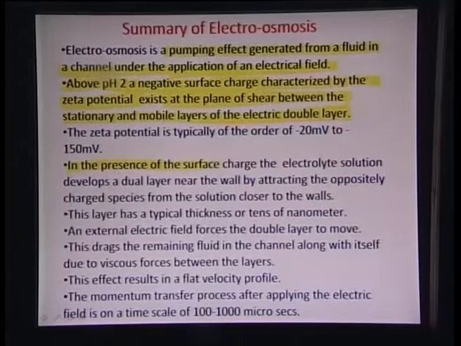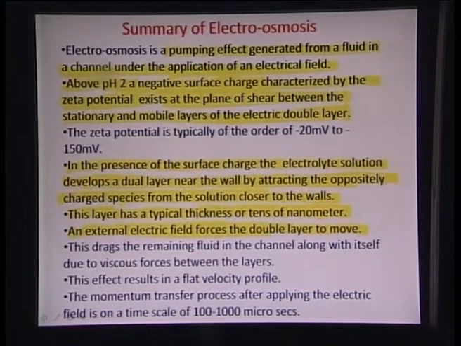In the presence of surface charge, the electrolyte solution develops a double layer near the wall by attracting the oppositely charged species from the solution closer to the walls, and this layer typically has a thickness of about tens of nanometers, a very small layer, very close to the surface. And in this situation, if you apply an external electric field, it forces the double layer to start moving.